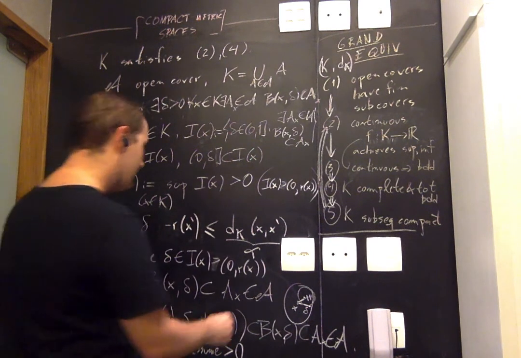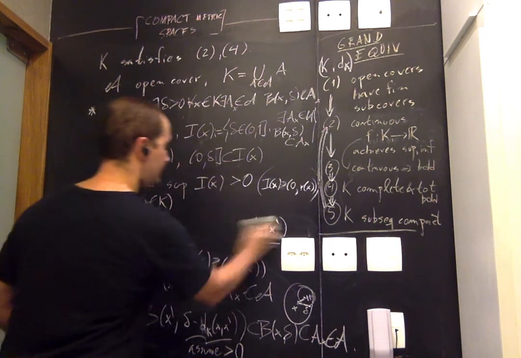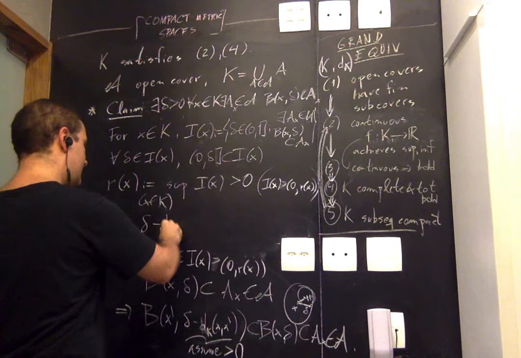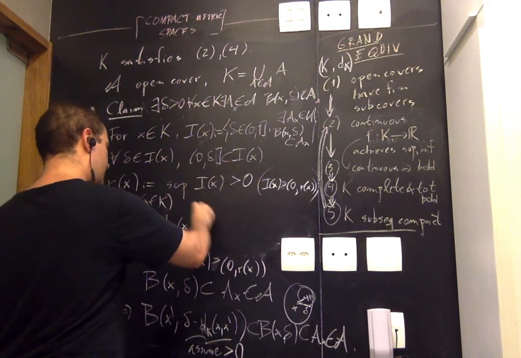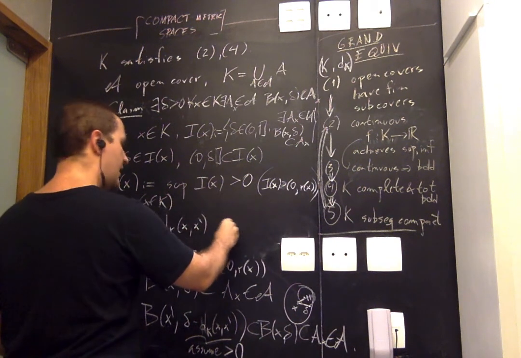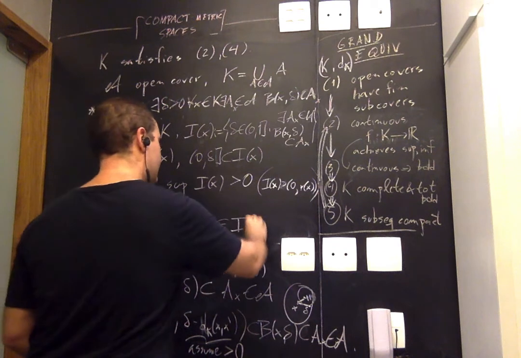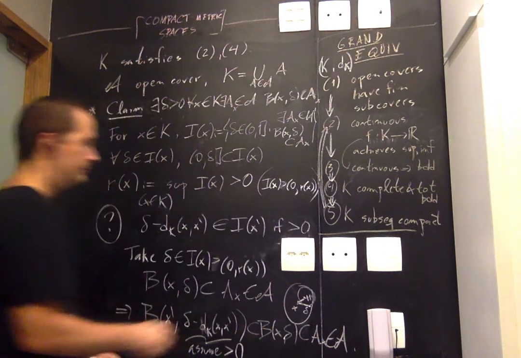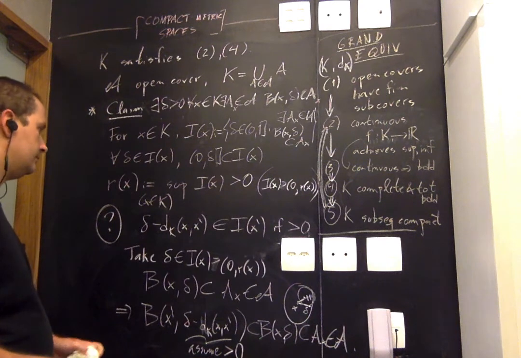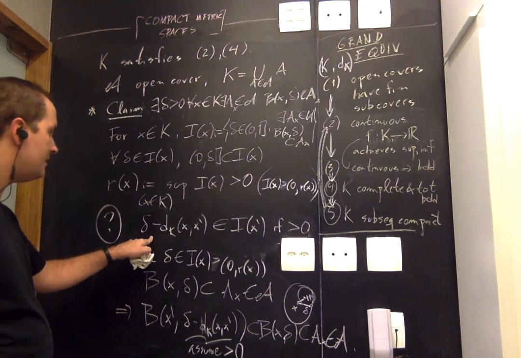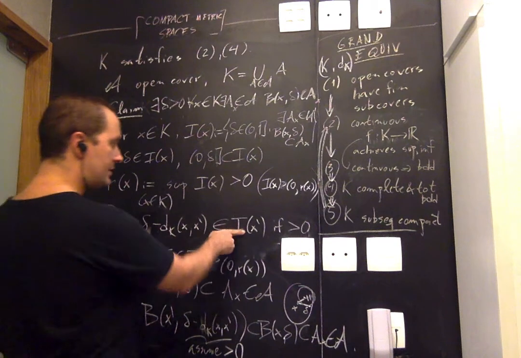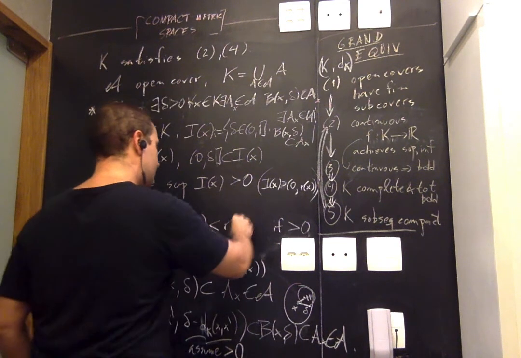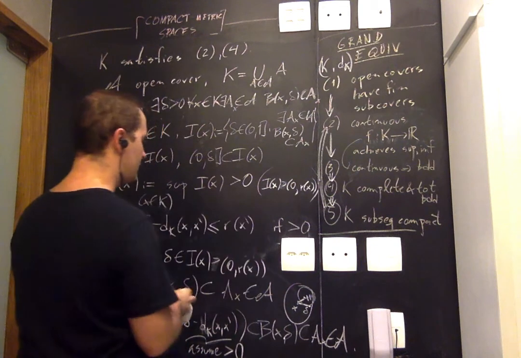So basically I'm saying that delta minus d(x, x prime) belongs to I of x prime if this number is greater than 0. And from this, if this number belongs to the set, then it's less than the supremum, which is r of x prime.